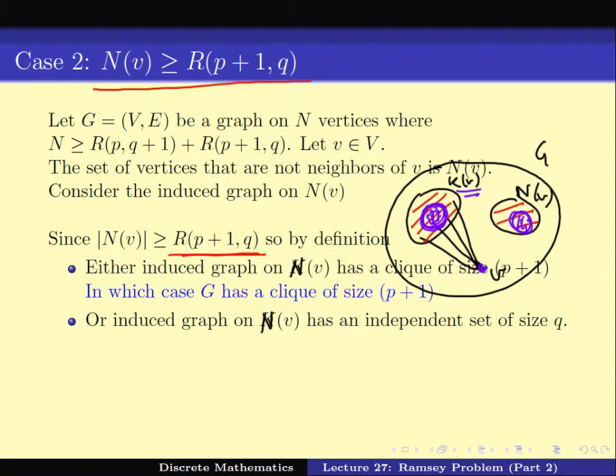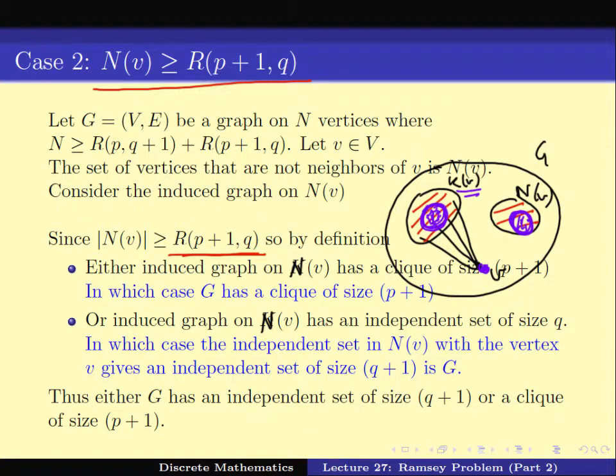But then again, consider this blue set with this v, and this set plus v gives an independent set of size q+1 in G. This is because this set is completely contained inside NV, which by definition are the vertices that have no edge to v.